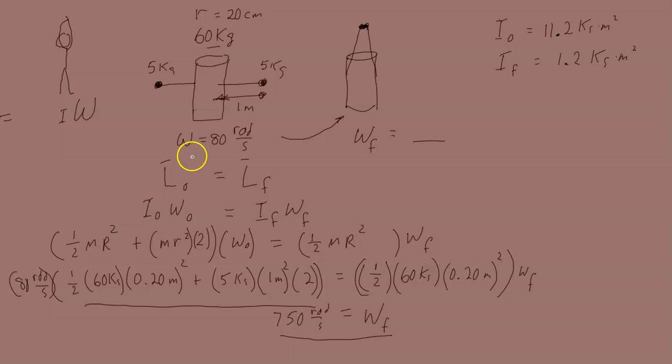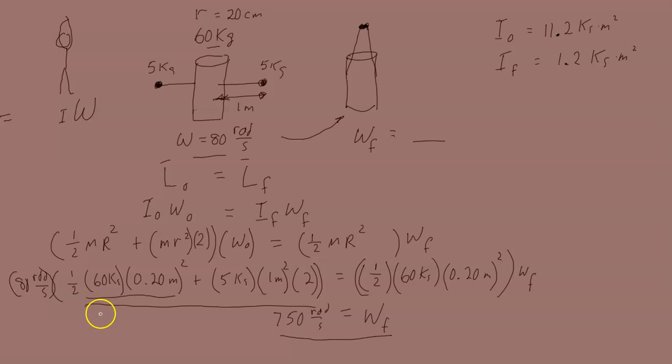I mean, we're going from 80 up to 750 just by pulling the hands in. That seems crazy. And these numbers may not be completely realistic, but if you look at the body part, because I have the mass of the body in such a small volume, this radius is only 0.2.